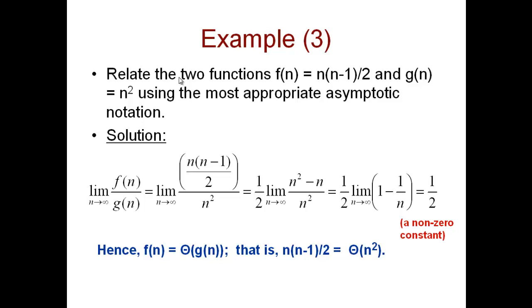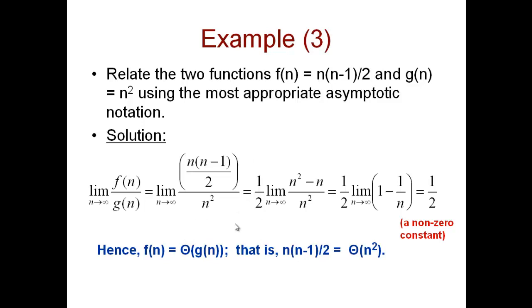So take limit n tends to infinity f of n over g of n. In this case, f of n is n times n minus 1 over 2, g of n is n squared. That's what I've written here. Now how to simplify this? This half is a constant in the numerator, so we could take it outside.